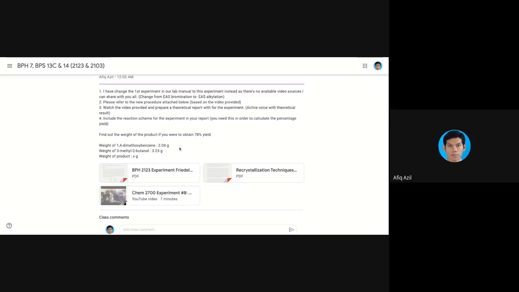Okay, understand? Normally I will give the weight of the product and you have to find out the yield. But now I give the yield, so you have to find out the weight of the product. But first you must know the theoretical yield. That can be calculated from these two pieces of information given here, which you need to convert to moles first.